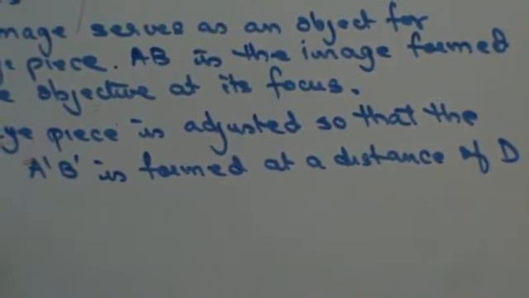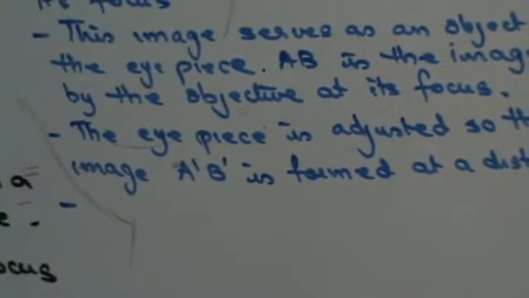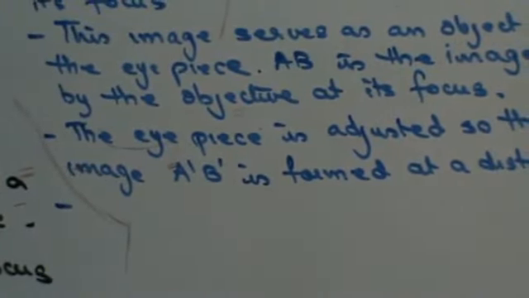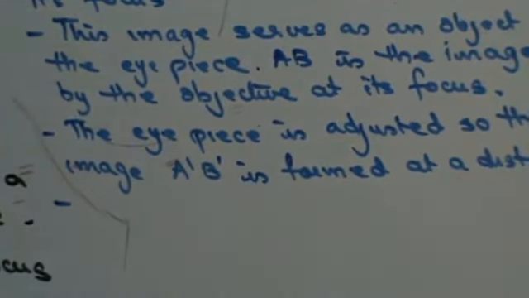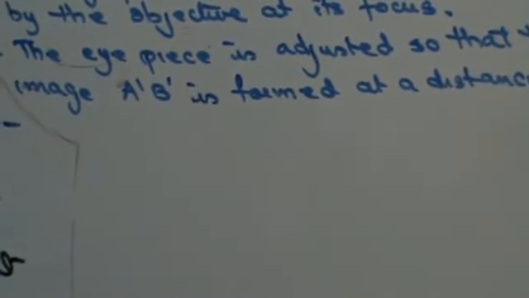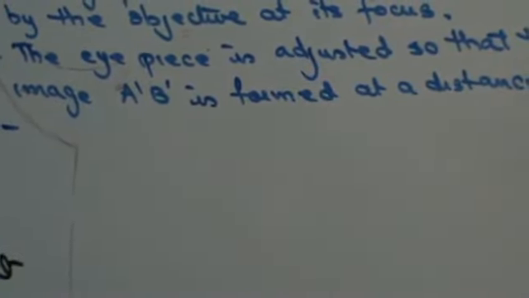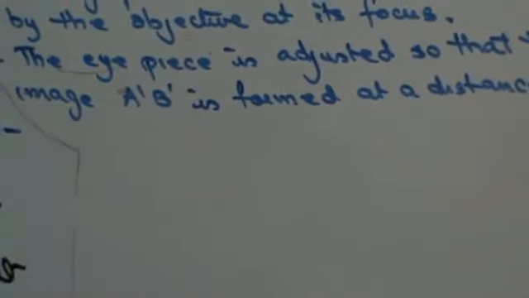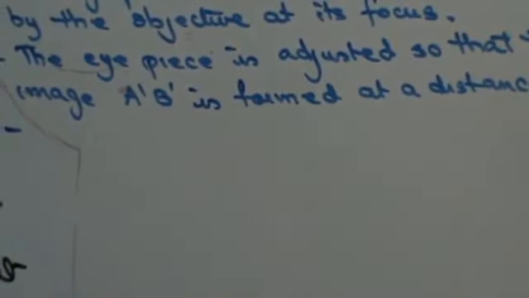Now, what will be the magnifying power of the telescope in such a condition? Magnifying power, we know that it is nothing but the angle subtended by the image at the eye to the angle subtended by the object at the eye, same as what it was in the previous case. So the definition still remains the same.